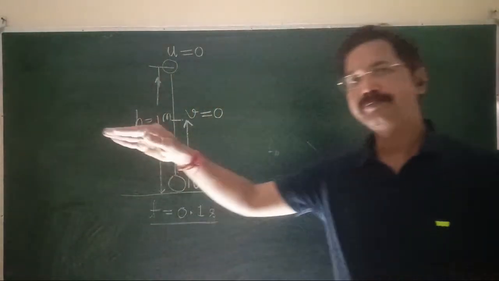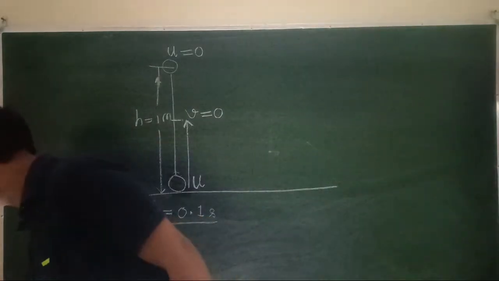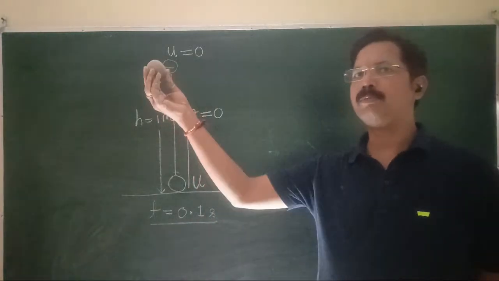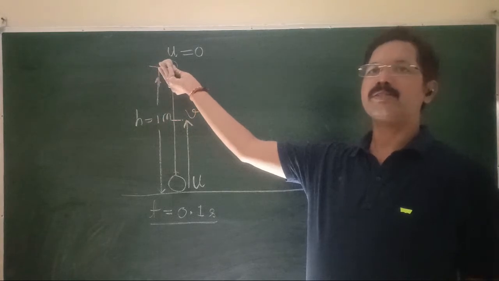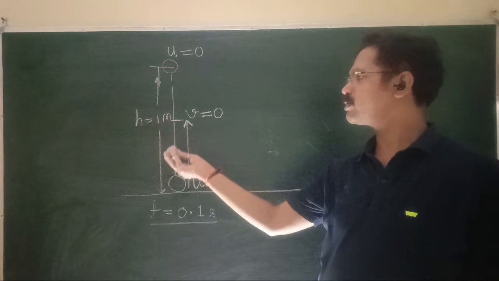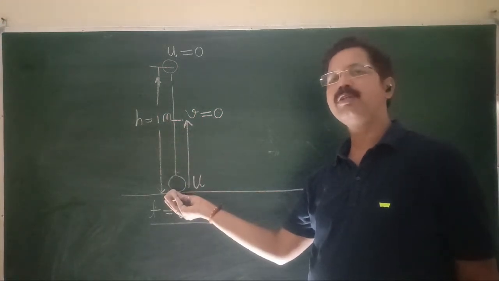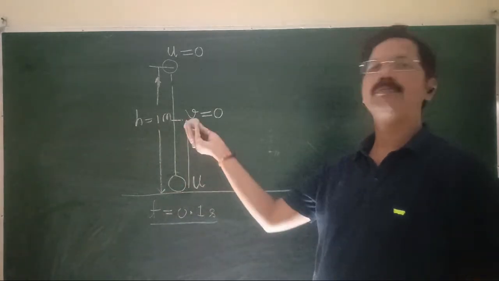At the top, the ball is at rest, so the velocity is 0. After striking, the final velocity is 0 and the initial is again u.